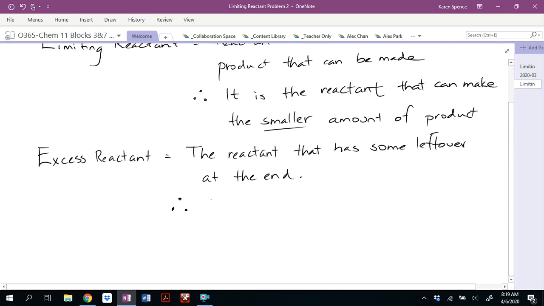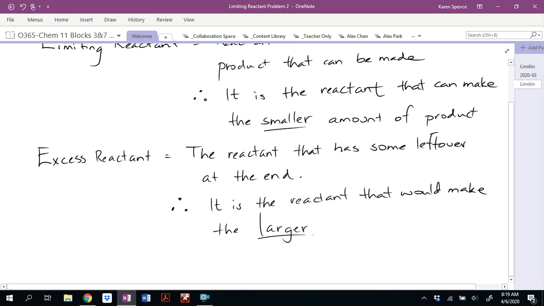Okay, therefore, it is the reactant that would make the larger amount of product.